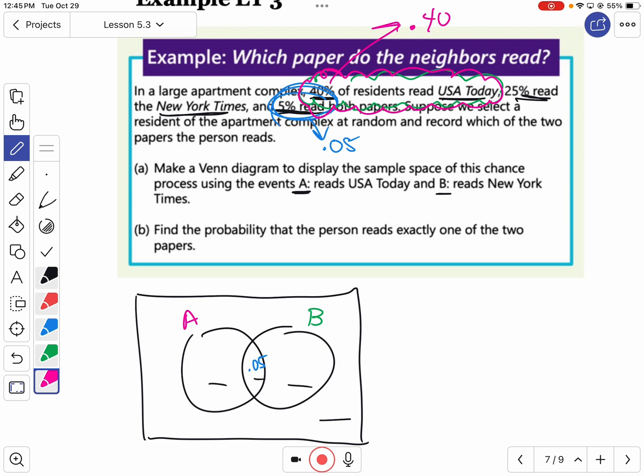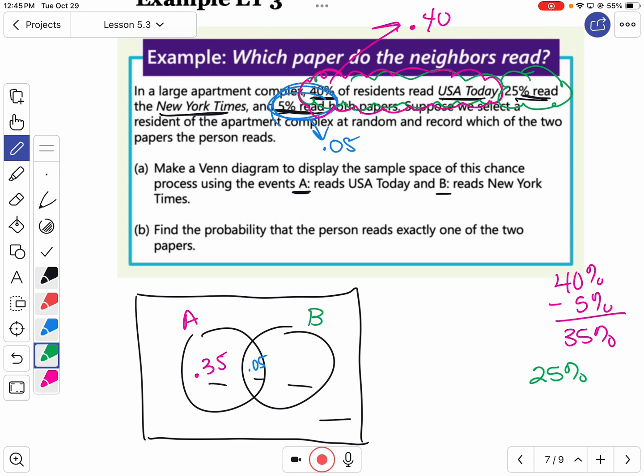I'd subtract 40% minus 5%, so 0.4 minus 0.05. If I've got 40%, it includes that 5% we've already talked about. So what percent are left? 35. What decimal would that be? 0.35. Good.